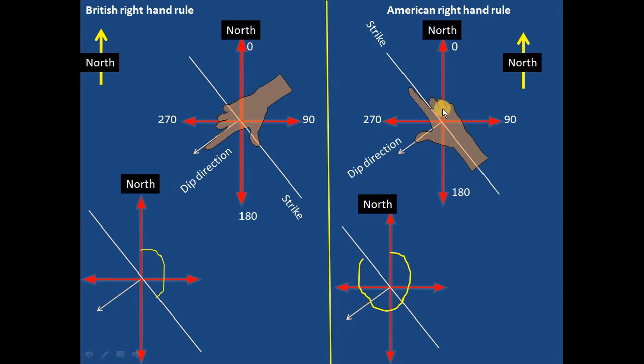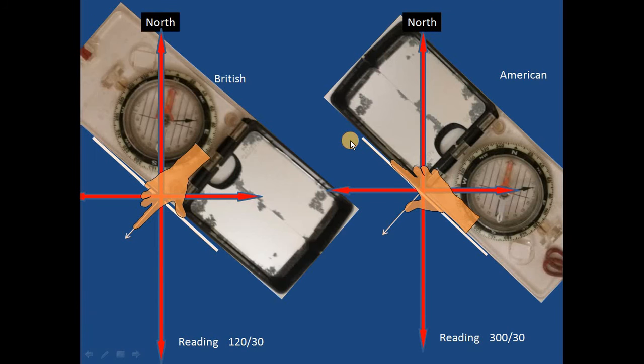But with the American right-hand rule, you see, the thumb points towards the dip direction, and the index finger points towards the strike. And you see now, the strike will be all this. You see this, the yellow line, the yellow circle coming to where the strike is, using the American right-hand rule.